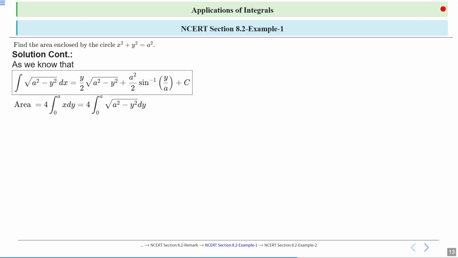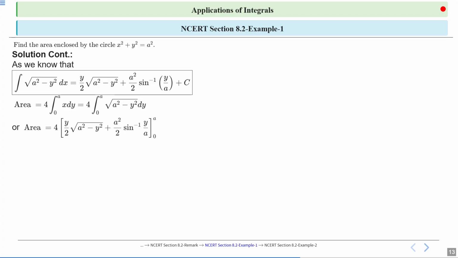So my area becomes 4 into the integration from 0 to a of x dy, the area of that thin strip, which is x into dy. Now we write x in the form of y, and by using the equation of the circle, we can write x as root under a square minus y square. We take the positive sign because we calculate area in the first quadrant, where x is positive. So we get 4 into the integration from 0 to a of root under a square minus y square dy.